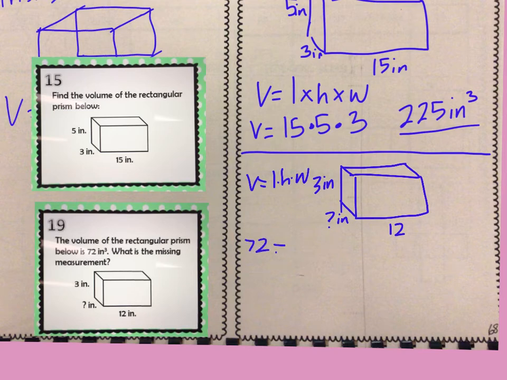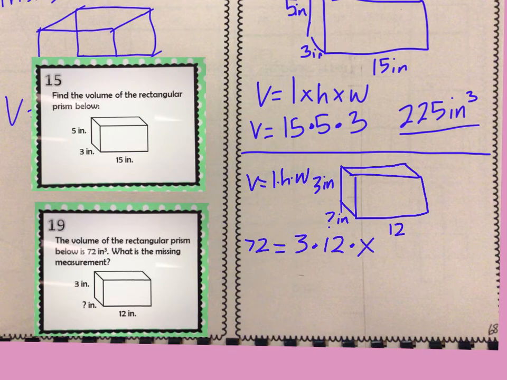So 72 equals 3 times 12 times, and what do we call things in math if we don't know what they are? Well, that's a question mark, but we can also call it a variable. So we're just going to call it x.